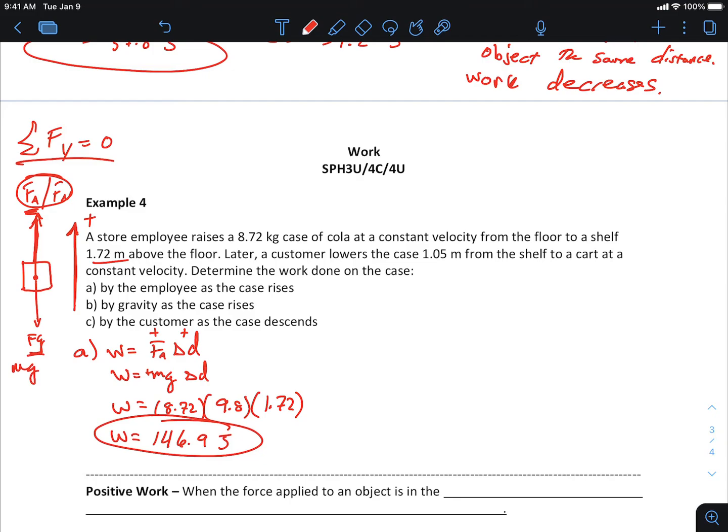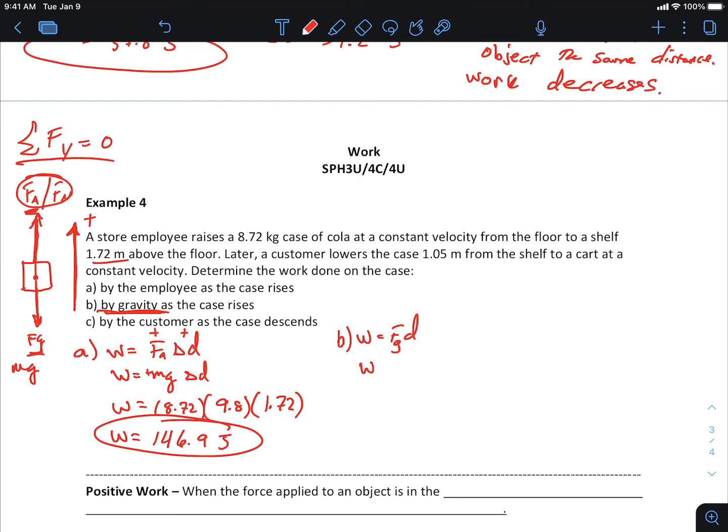Okay, and part B here, we know it's the same equation. Work equals the force times the distance, but this time we have the force of gravity, because that's what we're interested in for part B. How much work is gravity doing? What we're going to see here is that the force of gravity is acting in the negative direction relative to the displacement, which is in the positive.